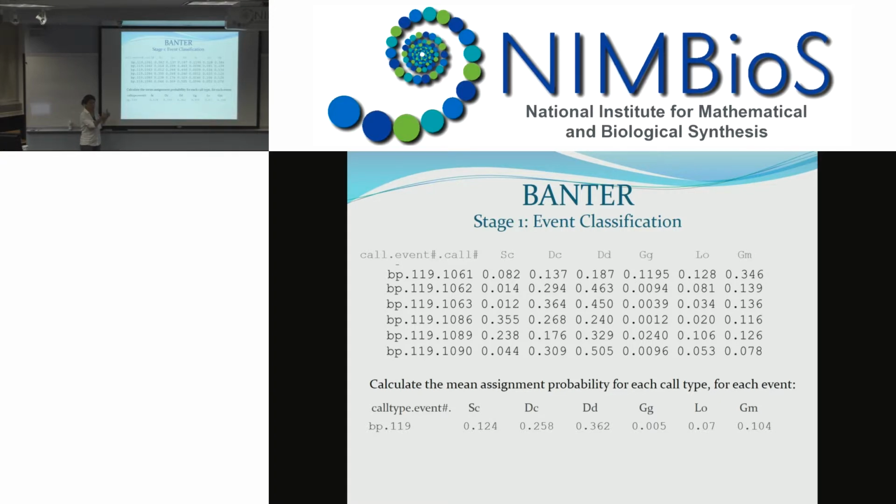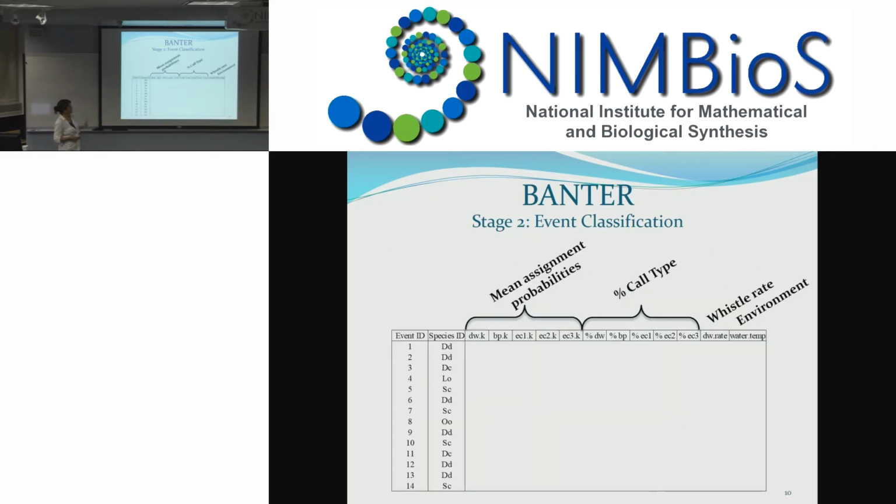A lot of this process is fairly simple. We're taking the human out of a lot of it, and we're getting the distribution of the assignment probabilities. We're very imperfect at this stage, and that's okay, because then we can take this data to the next stage and do the event.